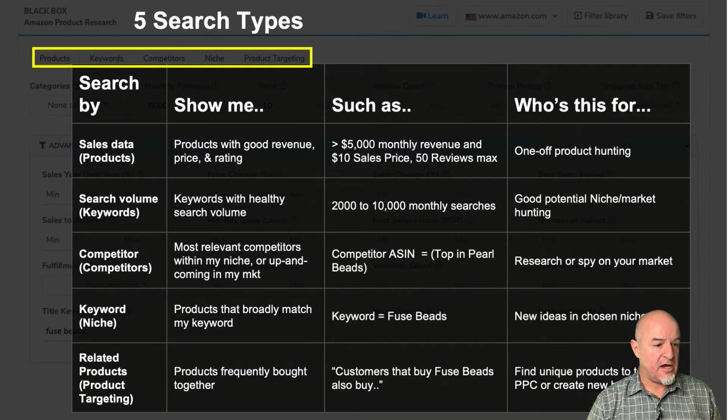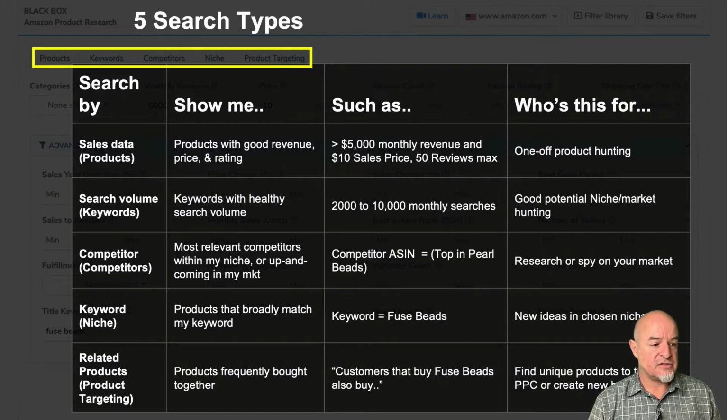Now, this helps us find our most relevant competitors within my niche, or maybe some up and coming in my market. This is getting into perhaps you have an existing brand of products and you're wanting to do further research on your market as it exists now, to make sure that the product you are selling is offering all that it needs to in the way of imagery or listing details, or perhaps you want to launch an accessory to it.